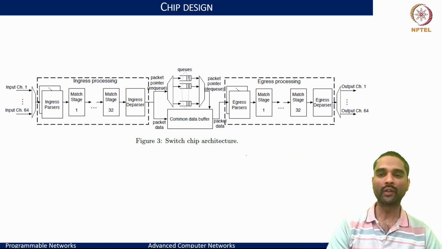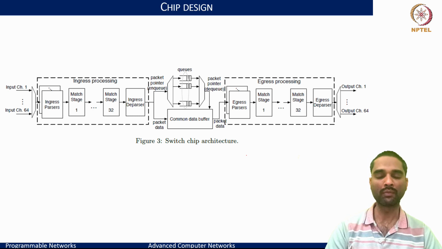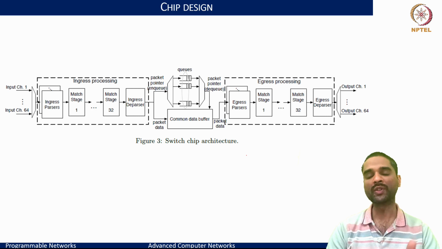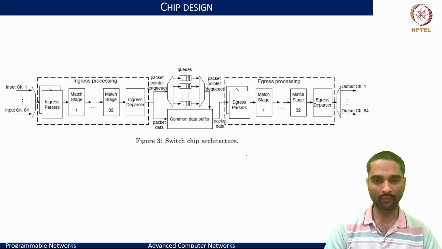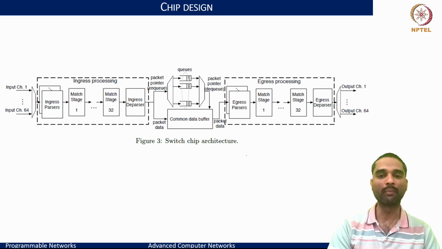And we may wonder why we need separate ingress processing and egress processing with 32 different match stages in each case. Consider the simple aspects like when we want to do a multicast, you would have the same kind of packet that needs to be sent out on different ports. And here if we want to customize, like for the congestion bit or any of the MAC destination addresses, we definitely cannot do it on an ingress because it's the same packet that is going to be sent out on multiple ports.